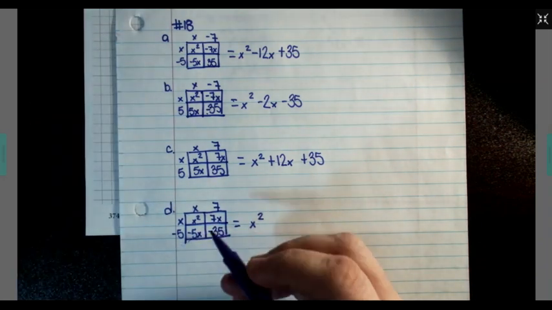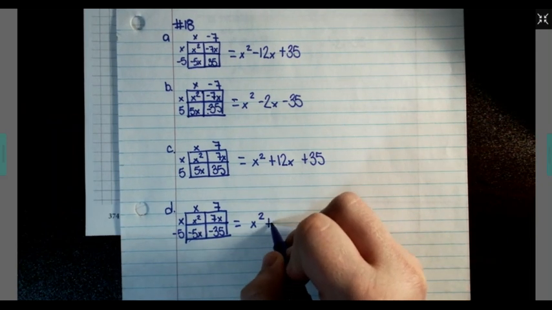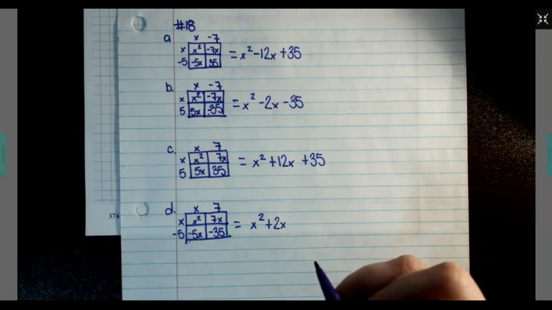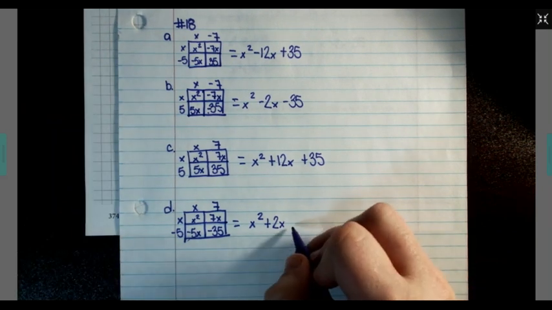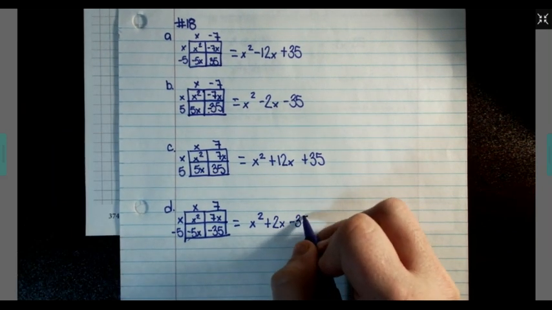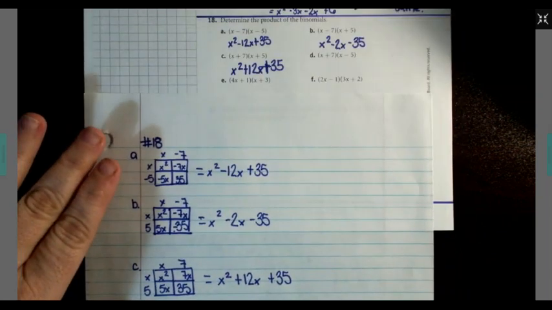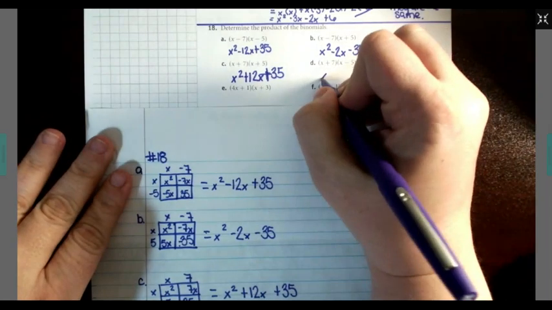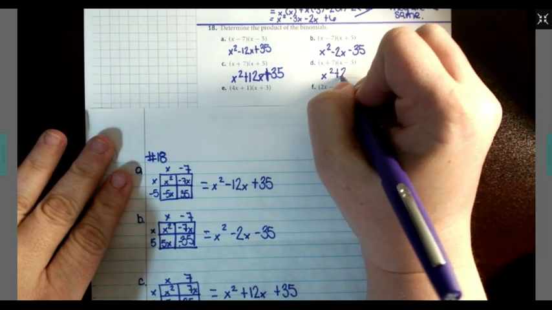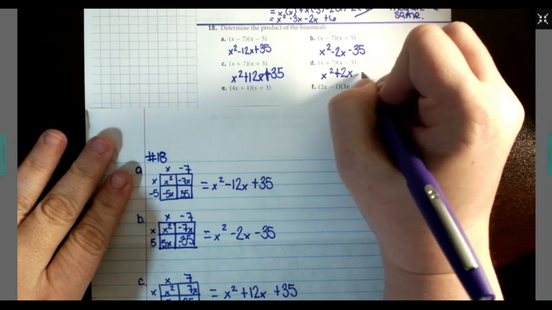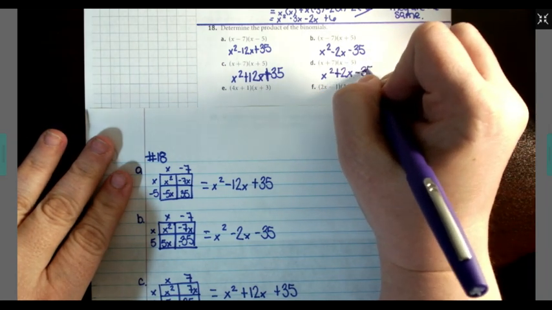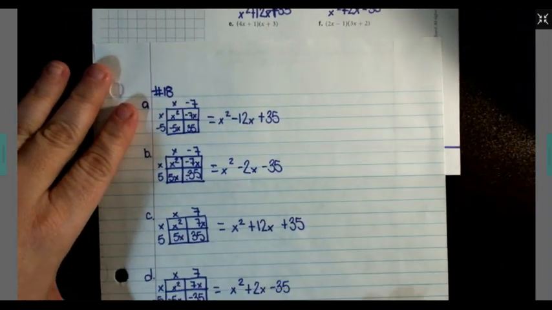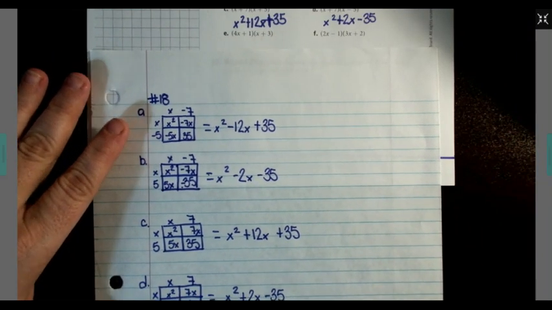One's positive, one's negative, so we're going to subtract, but the bigger of the two is positive, so we got plus 2x, and we have a -35. So final answer to D is going to be x squared plus 2x minus 35. E.